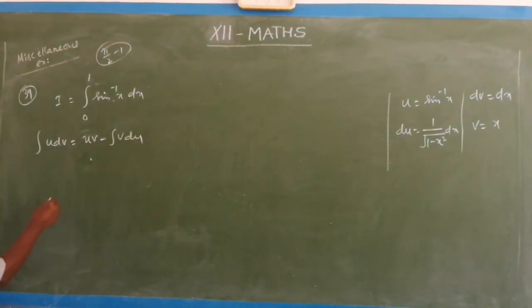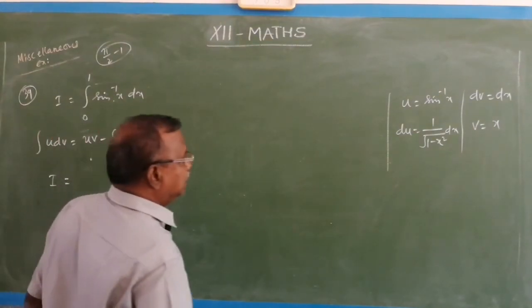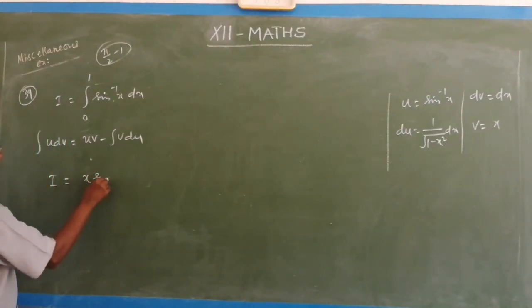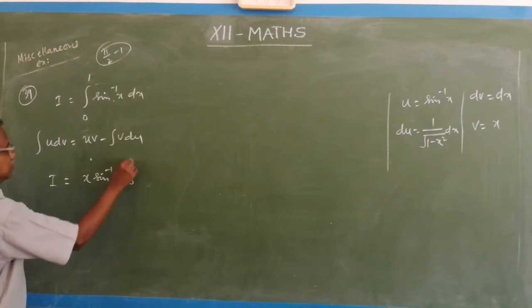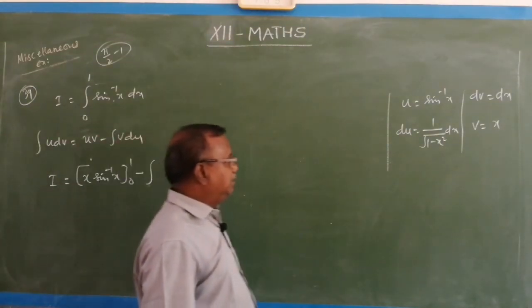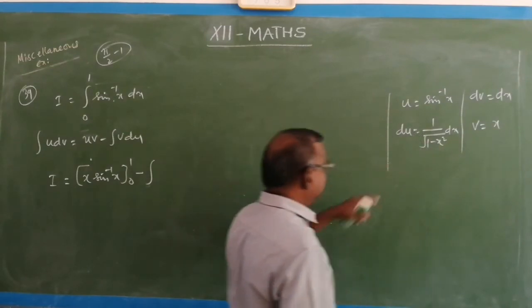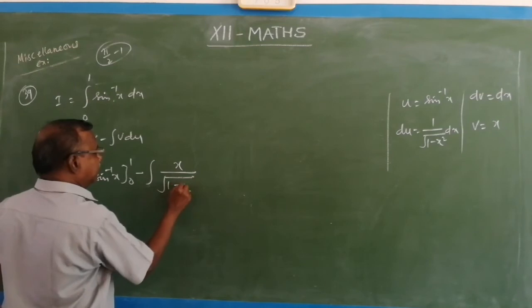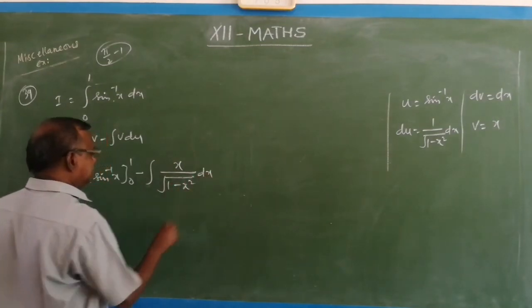Accordingly, I equals uv, that is x into sin inverse of x from 0 to 1, minus integral v du. V means x, du means 1 by root of 1 minus x square, so x by root of 1 minus x square into dx.